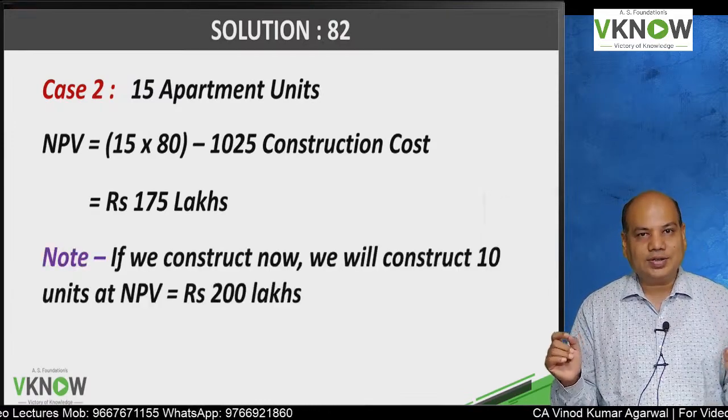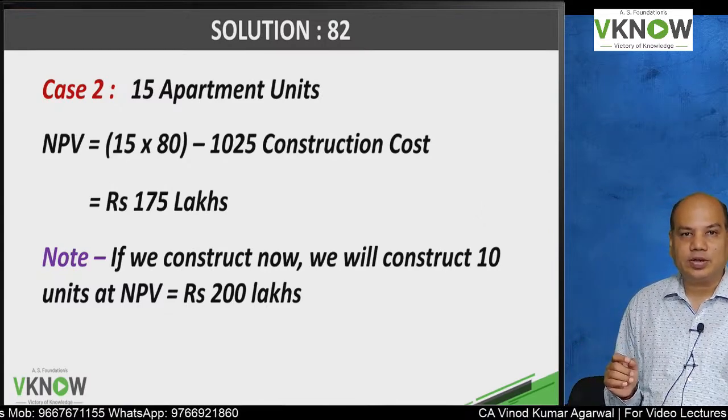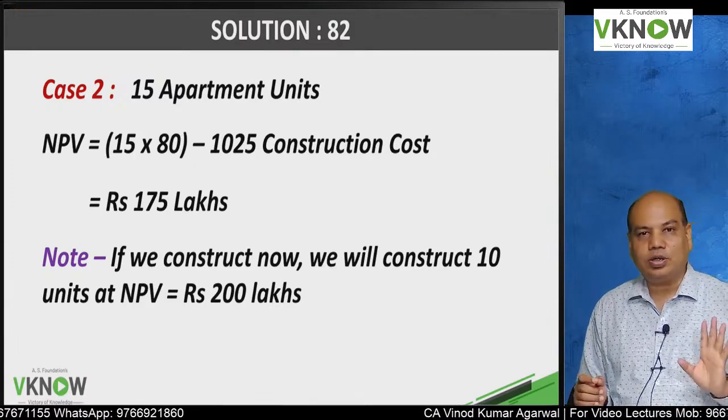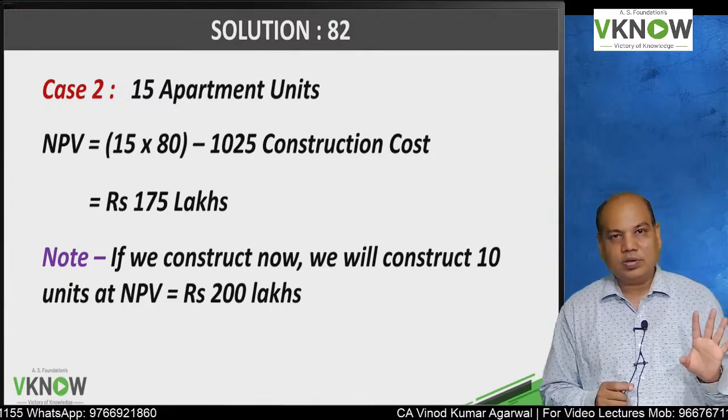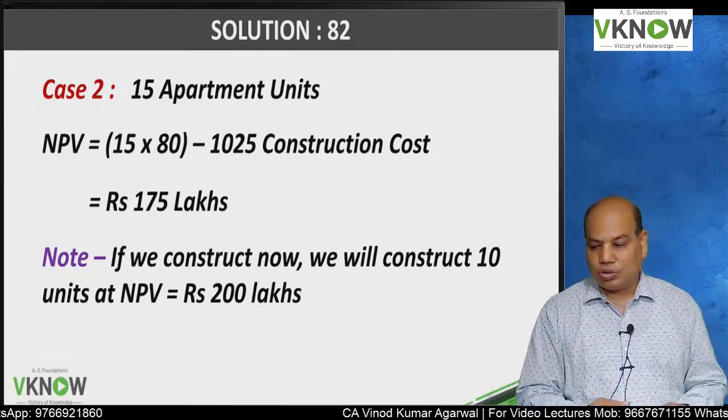So in case if you want to construct now, we have to log numbers one by one. If I want to construct now, I will construct 10 units, because my NPV is 200 lakh, which is more than 175 lakh. Write down note.